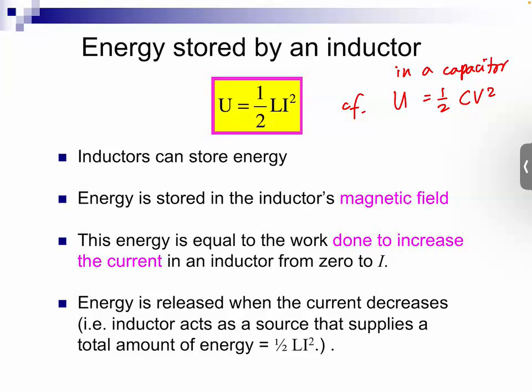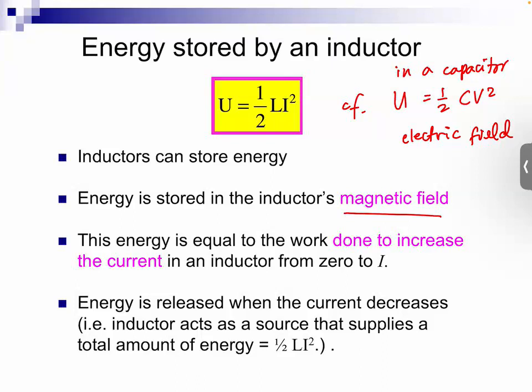It looks familiar if you compare that to the energy stored in a capacitor. The energy stored in a capacitor depends on the capacitance and the voltage across the plates. But of course, in a capacitor, the energy is stored in the electric field. Whereas for the inductor, the energy stored depends on the inductance and the current flowing through the inductor, and the energy is stored in the magnetic field.